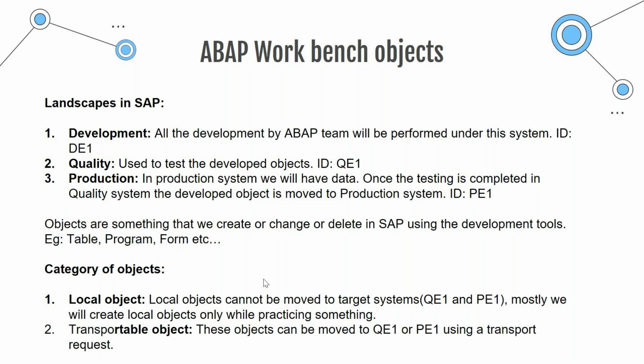Every single project, implementation or support, whatever the client, will definitely have a minimum of three systems: development, quality, production.